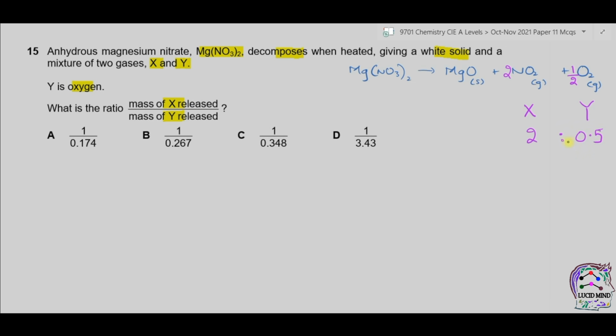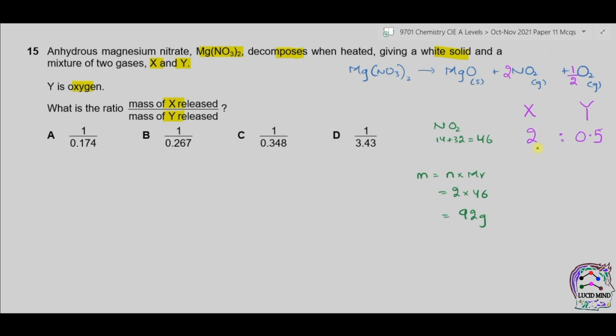Let's convert these moles into mass in grams. The formula is mass in grams is equal to number of moles times molecular mass. For NO2, the molecular mass is 14 for nitrogen, 32 for 2 oxygen. So it is 46. Number of moles is 2. 2 times 46 is 92 grams.